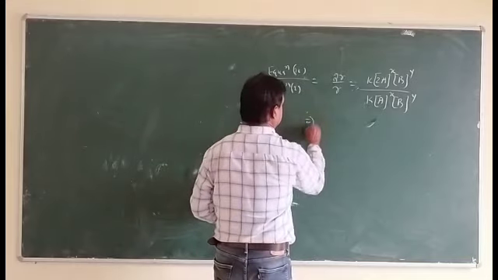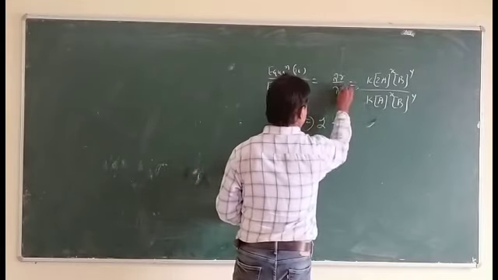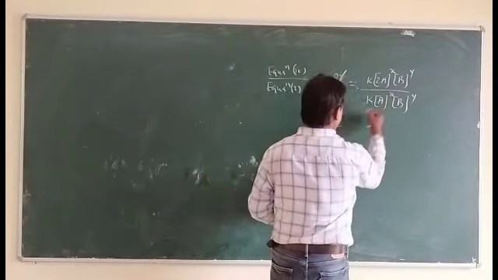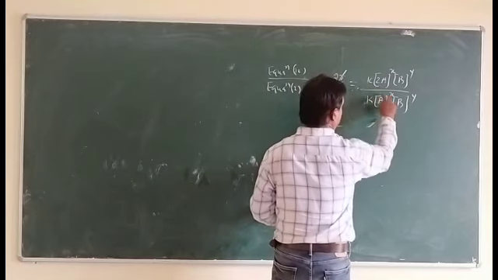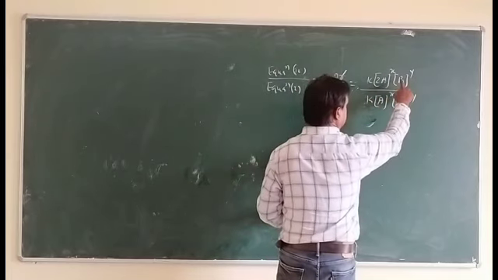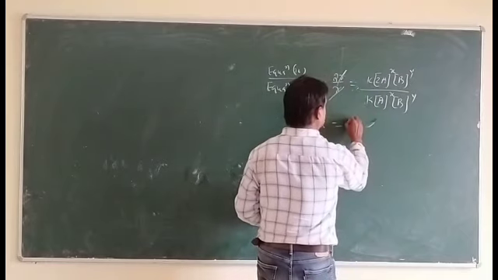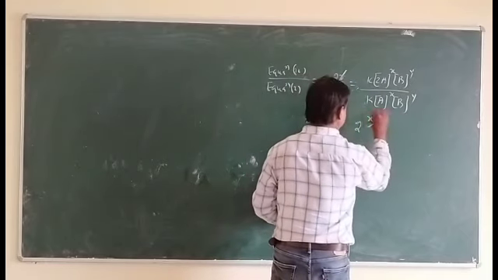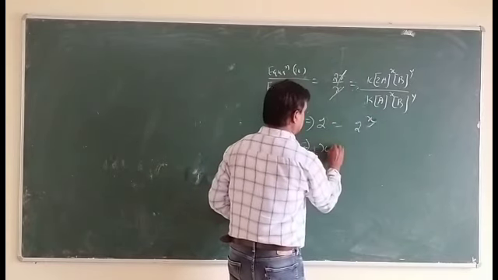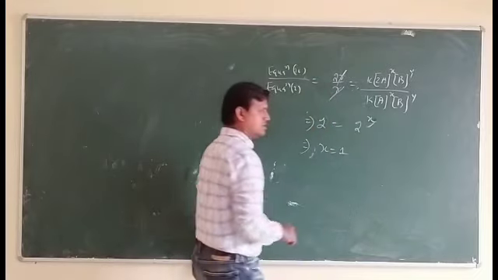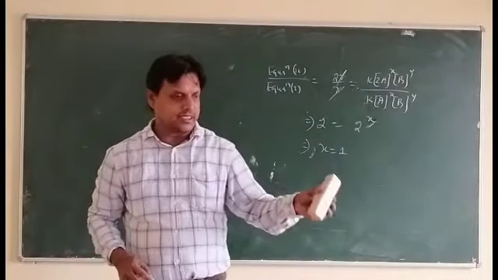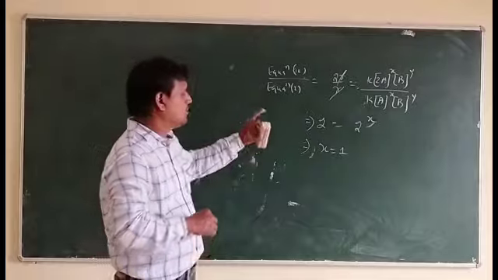That implies K will cancel, A to the power x will cancel, B to the power y will cancel. We get 2 equal to 2 to the power x. That implies x equal to 1. So by solving, we have got x equal to 1.